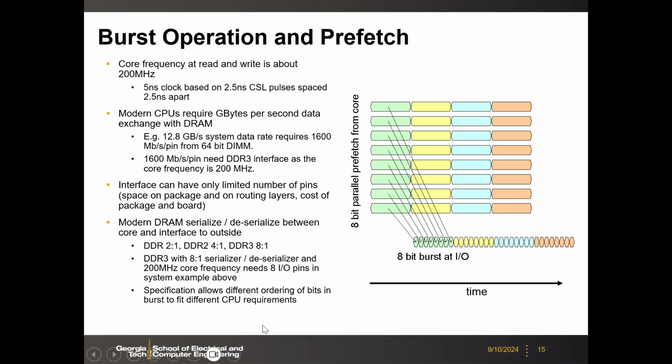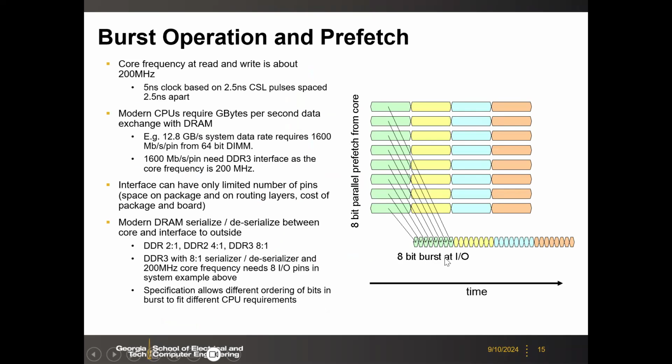Essentially, what you are doing here is a parallel to serial change. You get 8 bits in parallel, for example, and then you burst those 8 bits out with a faster clock at the I/O.